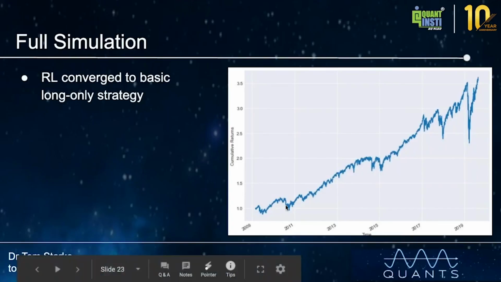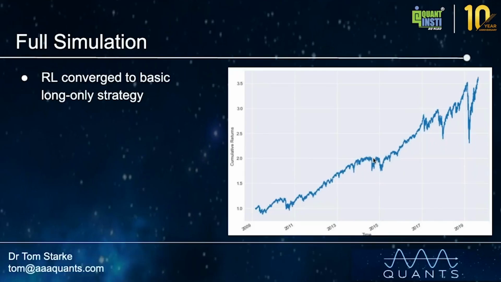What you can see is that it just gets into a very typical buy and hold pattern, which is actually not too bad, because it tells us that buy and hold is quite a profitable trading strategy on the US market, but it may not be really what we want. So if we see this, we may choose to build a different reward function or use different input features, for example.